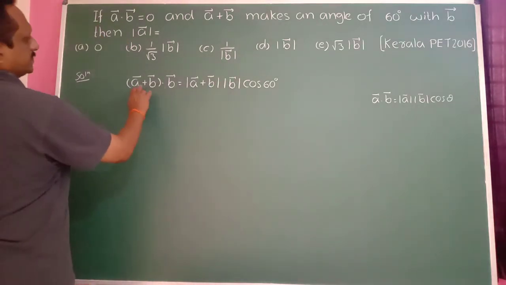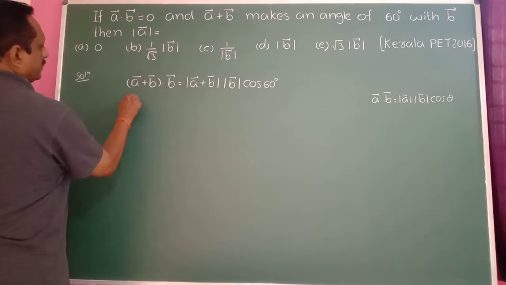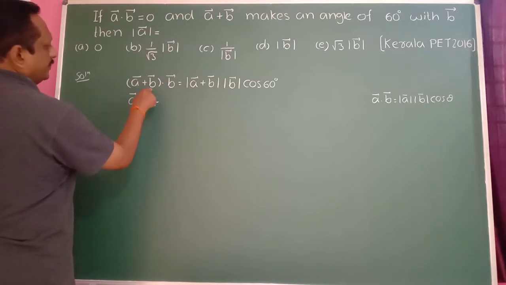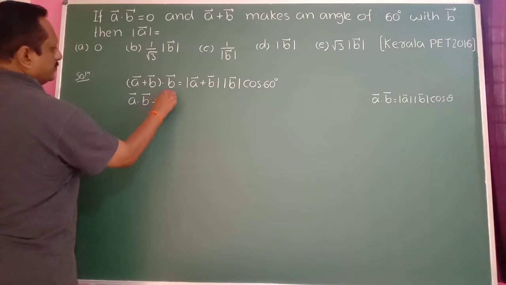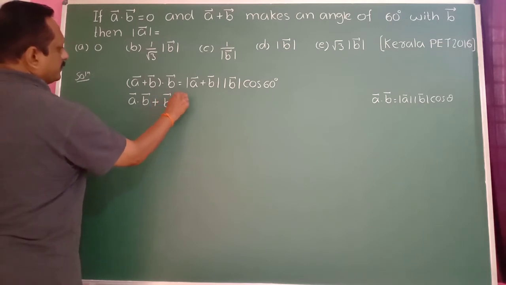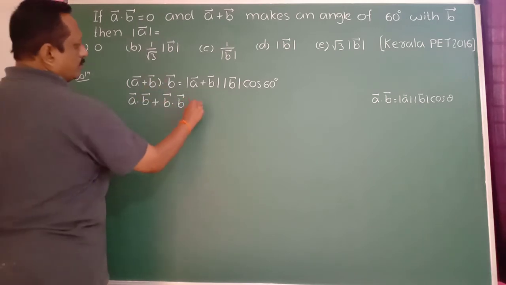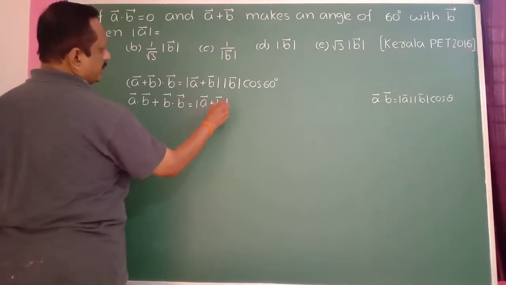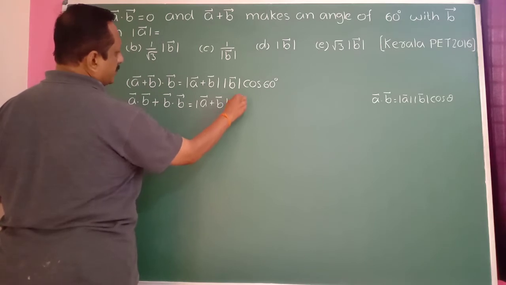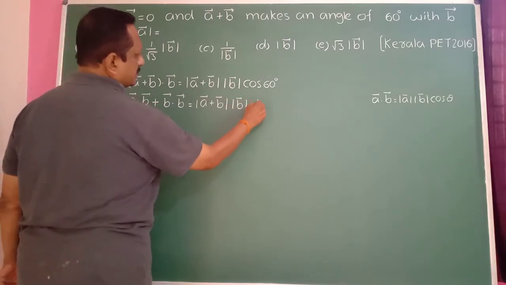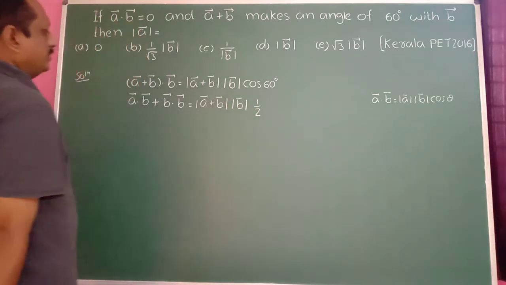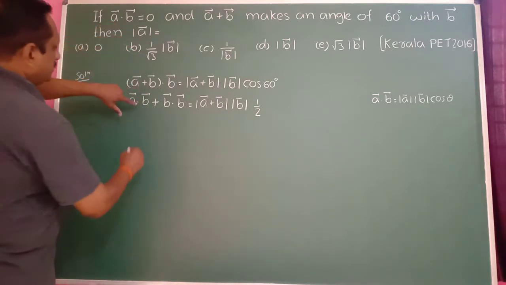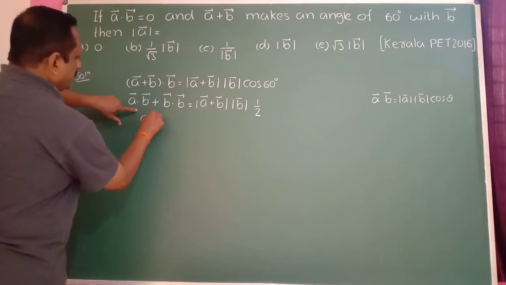Take this b bar inside: a bar dot b bar plus b bar dot b bar is equal to modulus of a bar plus b bar into modulus of b bar into cos 60 degree, whose value is 1 divided by 2. Here they already gave a bar dot b bar is 0, so this becomes 0.